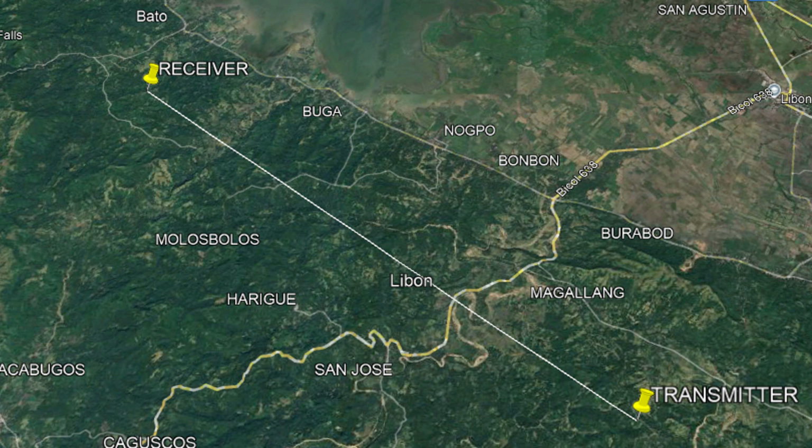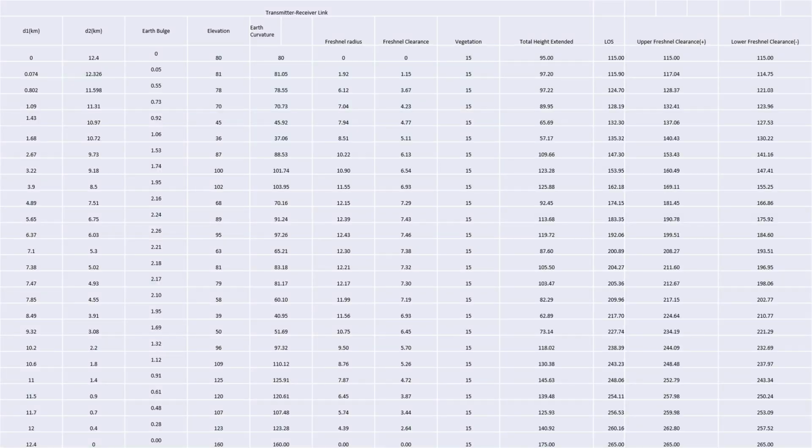Now, we go to Excel and see the graph presented. So, first, we have the earth bulge and the earth curvature.